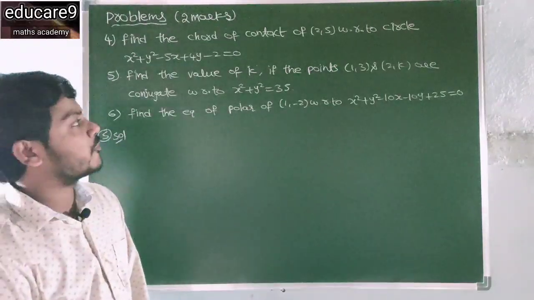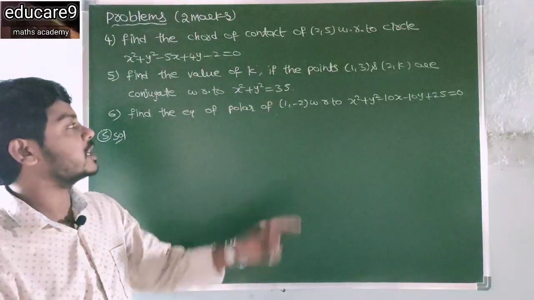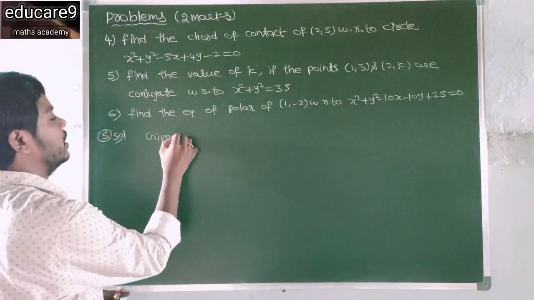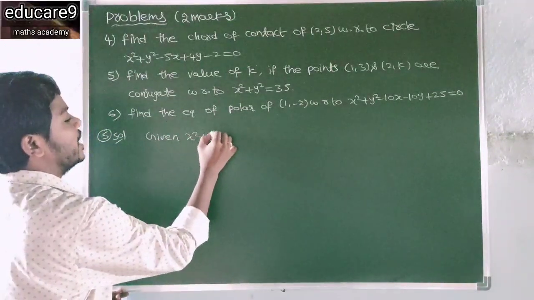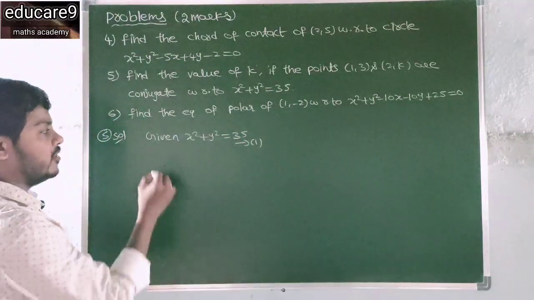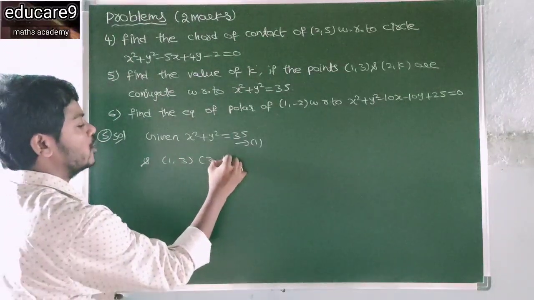Find the value of k if the points are conjugate with respect to the circle. So see here, given circle x square plus y square is equal to 35. This is equation 1. And given points 1, 3 and 2, k.